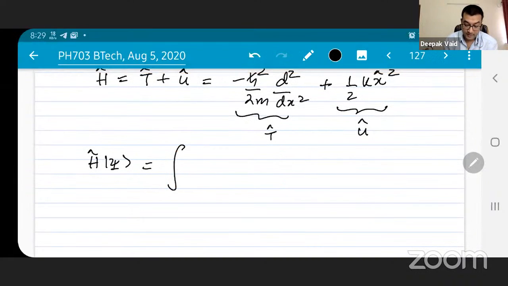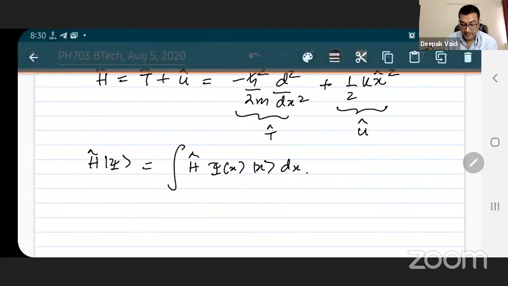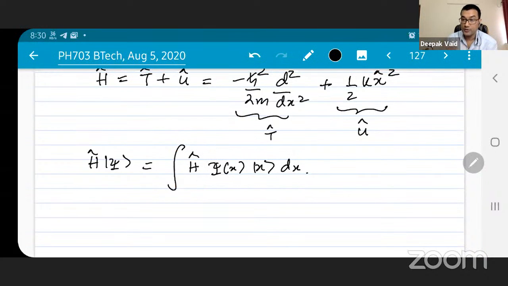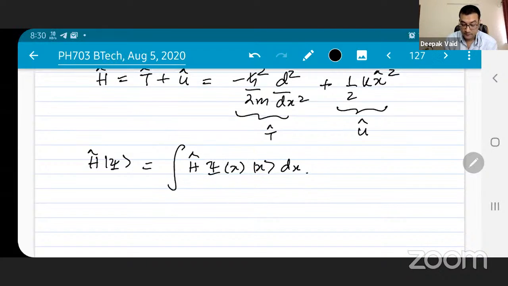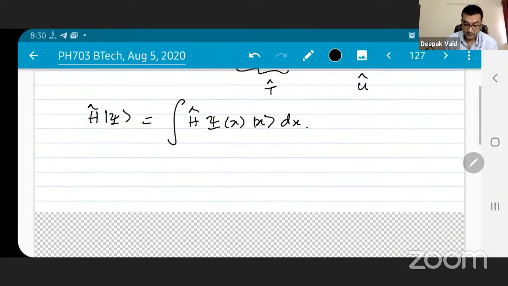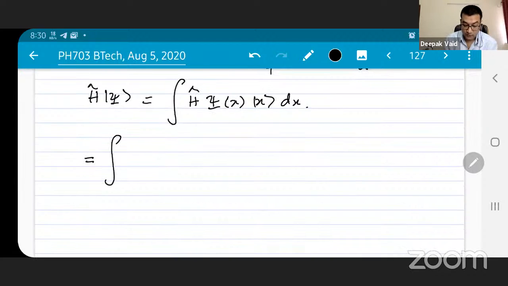Sorry, I should be careful with this. H hat acting on psi of x, x dx. I can't take H hat and psi of x to commute because H contains derivatives of the position, and that derivative operator will act on psi of x. So the full expression here will become minus h bar squared by 2m, d squared by dx squared of psi of x.